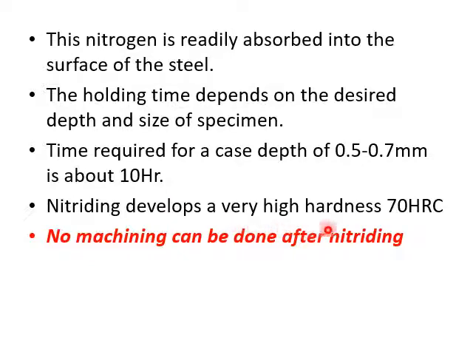Nitriding develops a very high hardness, that is 70 HRC, more than carburizing. A very important thing to note is that after nitriding, the surface will not be machinable using any machining tools. That much is the hardness you get during the nitriding process.